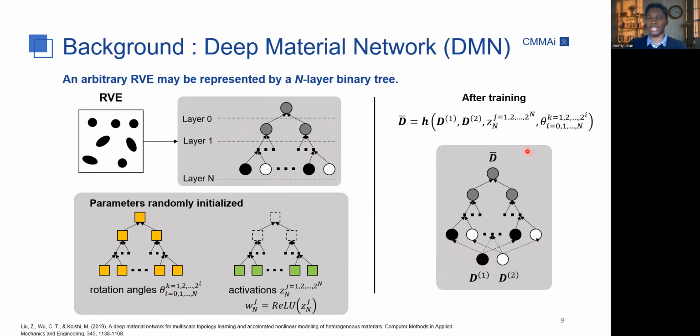And then by making use of the analytical solutions which we have introduced in the earlier slide, we can finally express the homogenized compliance matrix of that RVE by that function H, which is a function of D1, D2, the activations Z in the bottom layers, as well as the rotation angles in the nodes of our binary tree. And the optimal parameters will be determined through training of our network.